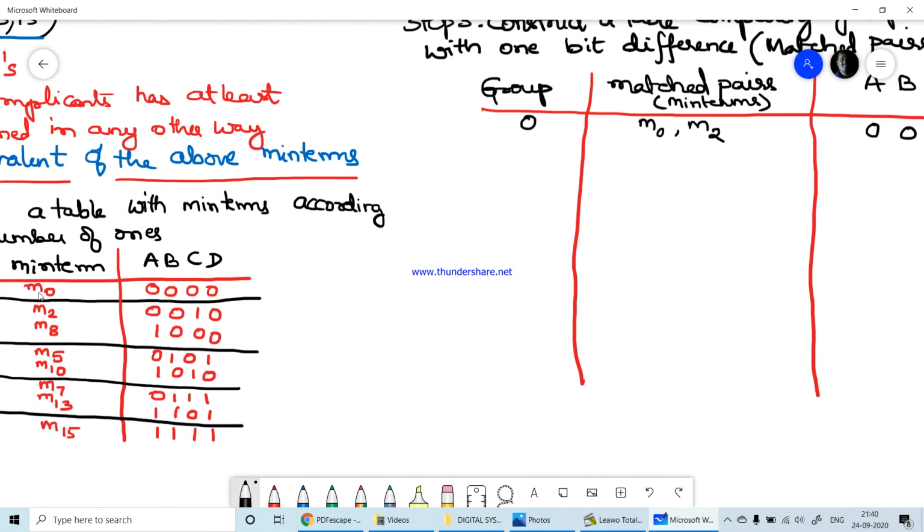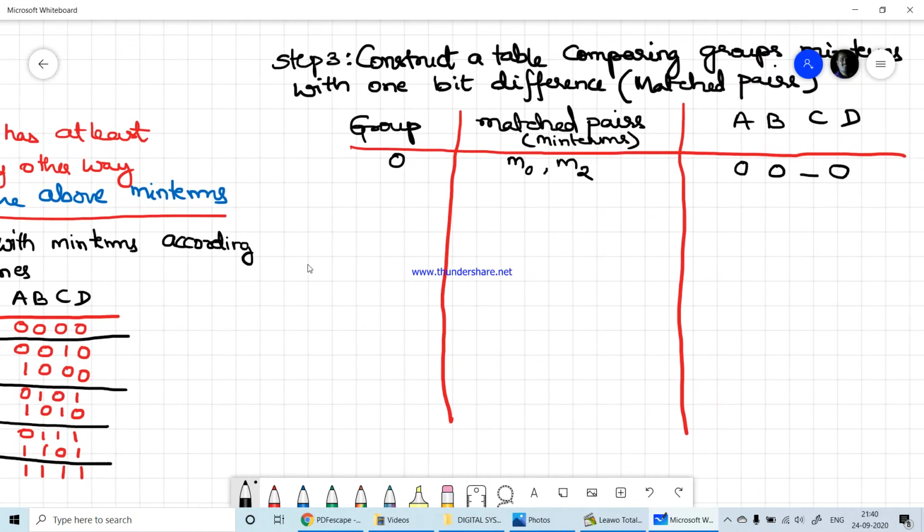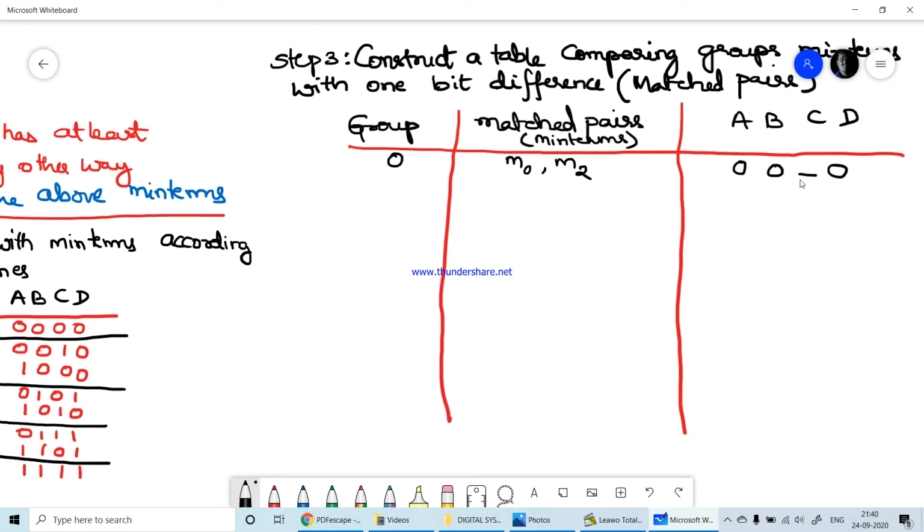Here M0 and M2 are 0 0 0 0 and 0 0 1 0, so the third bit is the difference, and that is considered as a dash. Whenever we use this dash, it means that variable in the expression is getting eliminated or reduced.